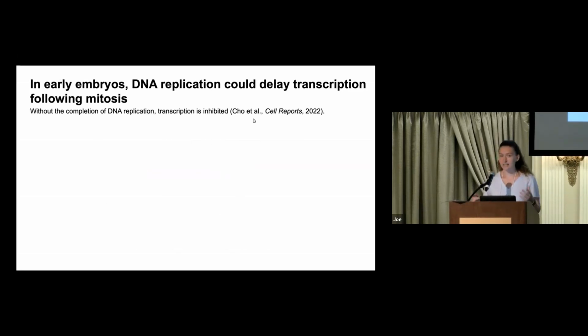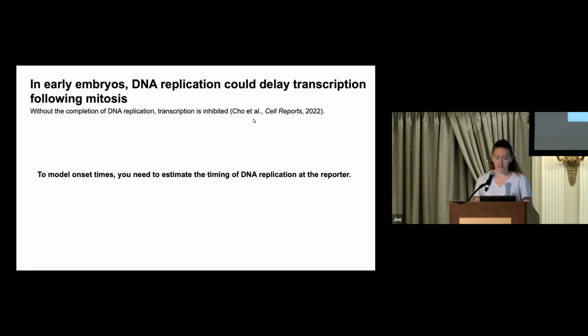There's evidence that DNA replication could delay transcription following mitosis, because a few years ago, it was shown that without the completion of DNA replication, transcription is inhibited. Therefore, to model onset times, you must know the timing or be able to estimate the timing of DNA replication at the reporter. But this is something that's very difficult to measure experimentally.